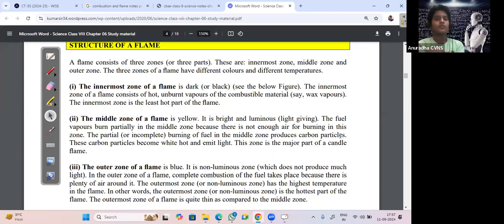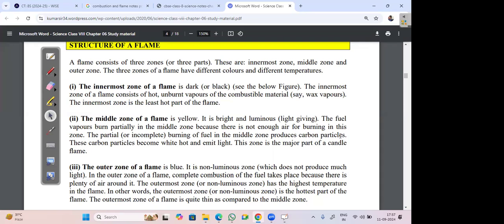Sir, the surface area is covered by the outer layer of the flame, so it does not touch the oxygen. Yes, it doesn't have a sufficient amount of oxygen available, since most of the oxygen is utilized by the outer zone.